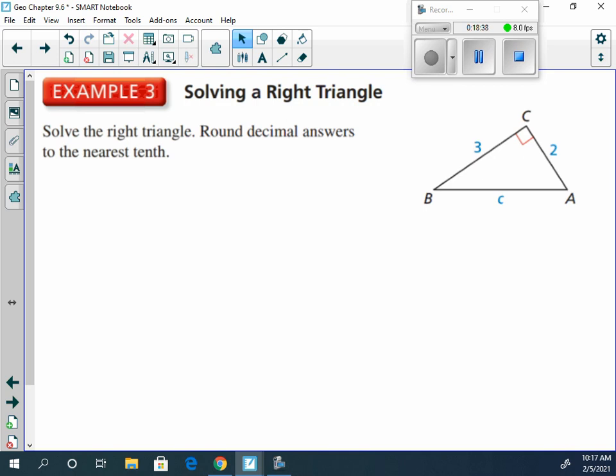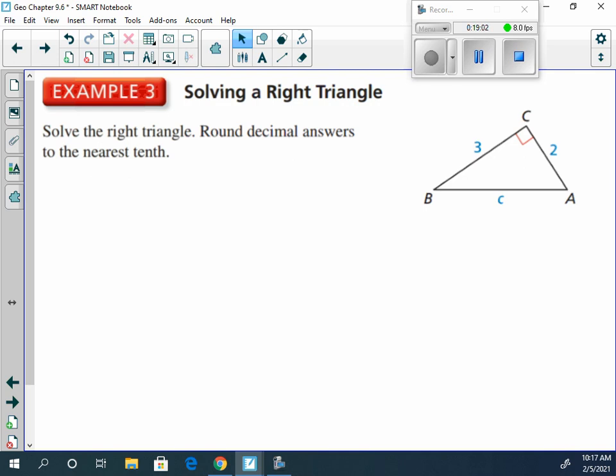What's tangent of 90? Undefined. So taking sine, cosine, or tangent of 90 degrees doesn't tell us anything. So if we're wanting to find a side length, we need to know the angle measures, yes?